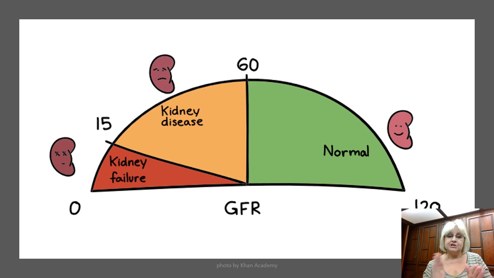If a patient is on the left in the yellow area, from 15 to 60, this shows some kidney disease is going on based on those calculations. And anything from 15 down indicates kidney failure, and that is very crucial to be able to determine.